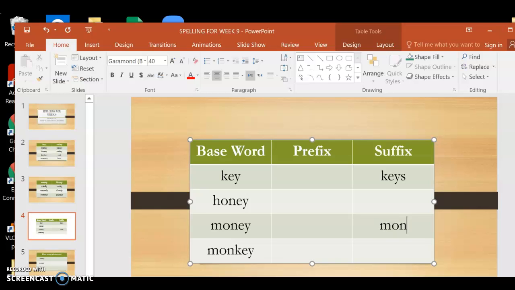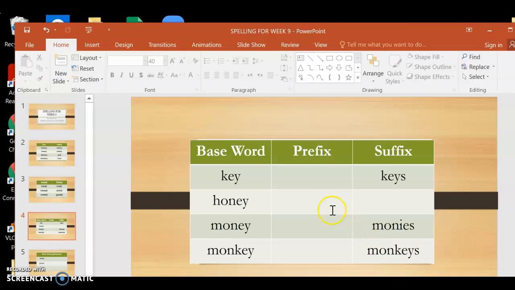We take the EY off and we add IES. That's monies. That's how we spell monies. Monkey. Same sort of thing as the key. Monkey. We can add an S and we have another word. Monkeys. So we really didn't find prefixes for these words to make a new word. And sometimes that happens. That's okay.